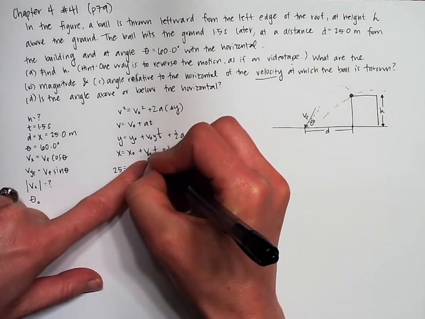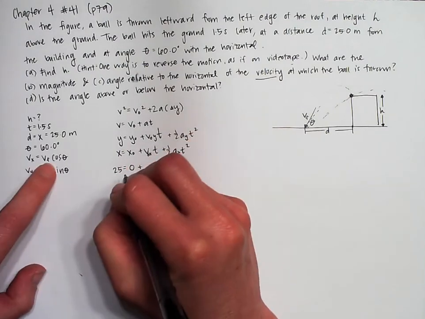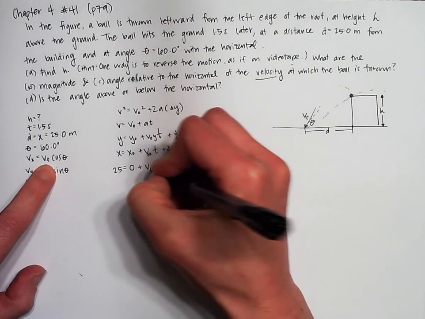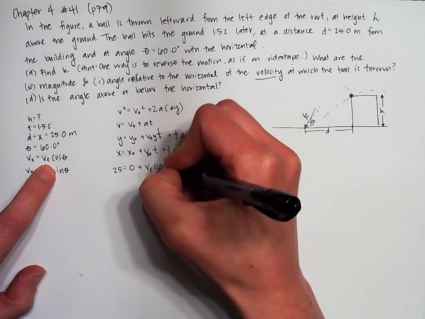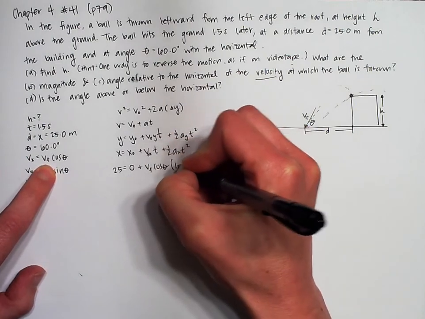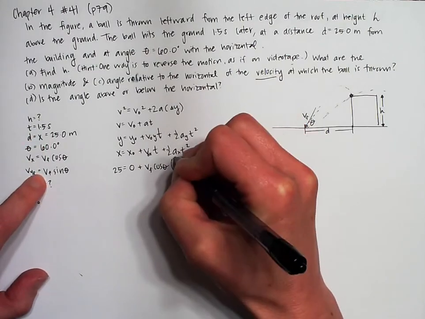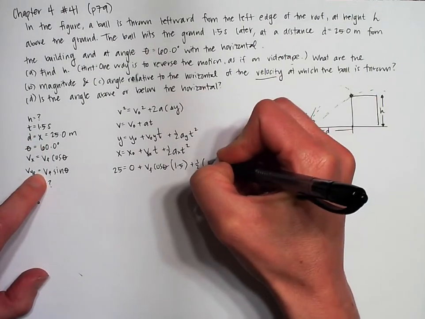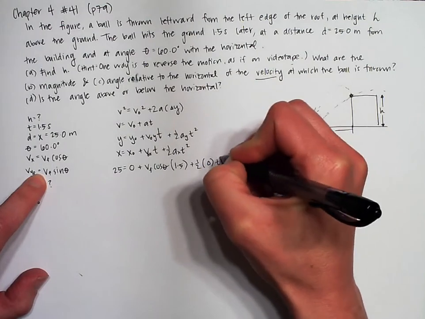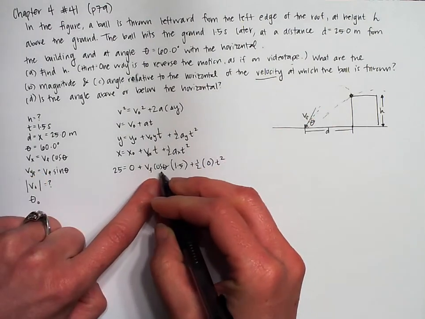Plus my initial x velocity, which is whatever that final is, times cosine theta times our time, which is 1.5 seconds, plus 1/2 times my x acceleration, which as always is 0, times my time squared.